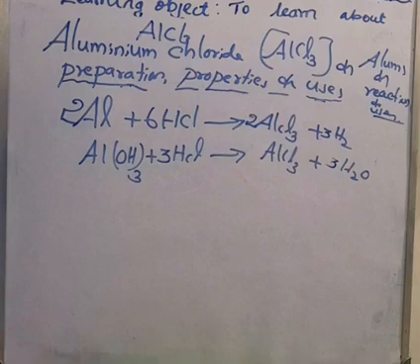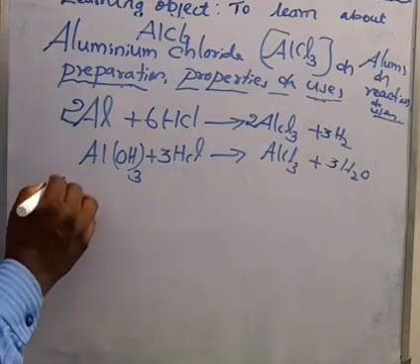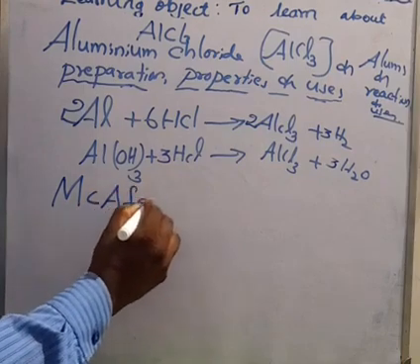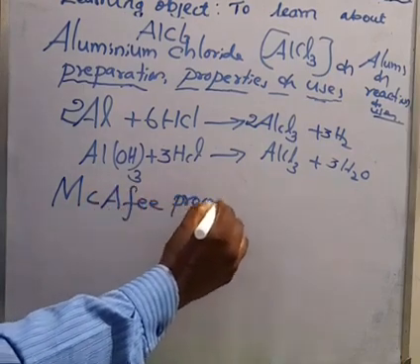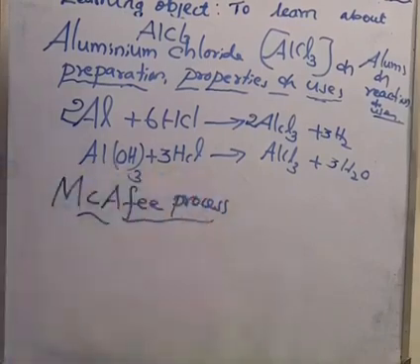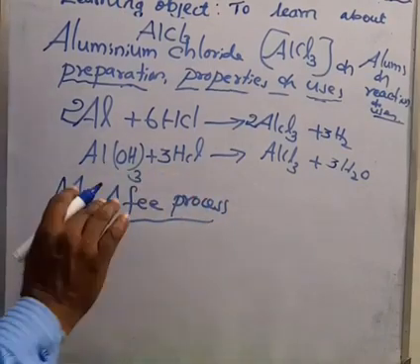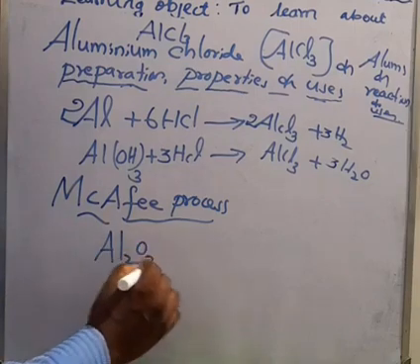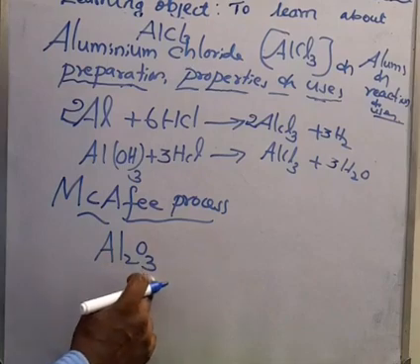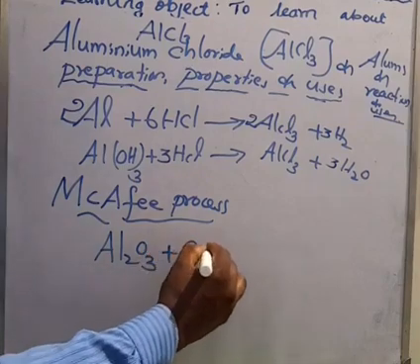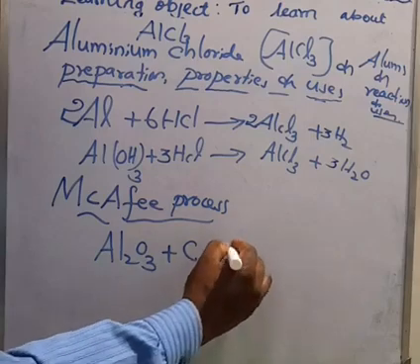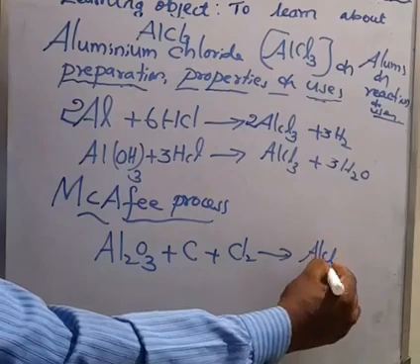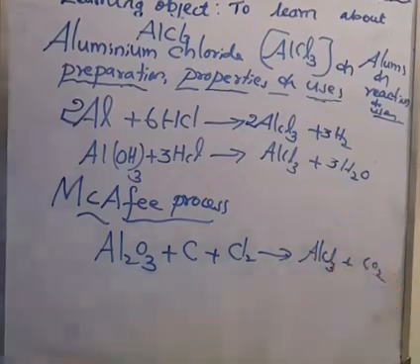Next is the McAfee process. That is also a preparation of aluminium chloride. Aluminium oxide, what is the formula for aluminium oxide? Al2O3 reacts with carbon and also we use chlorine, we get AlCl3, aluminium chloride, and carbon dioxide gas.